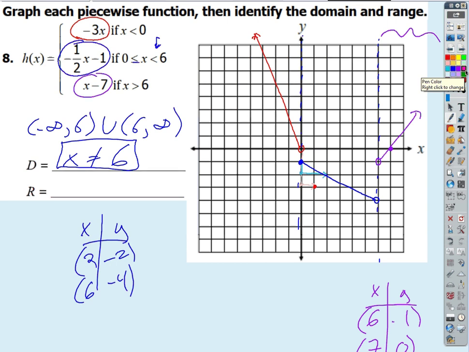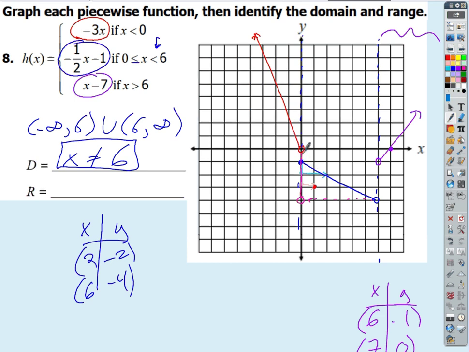So the bottommost value, the bottom edge of the range, is gonna be this part right here, right? So we're gonna get an open circle on the y-axis, and then we're just gonna keep moving up. We get to there, and that's included, but then look, everything above that is also included, because we make a transition from the blue part to the purple part, so the y's never stop, do they?